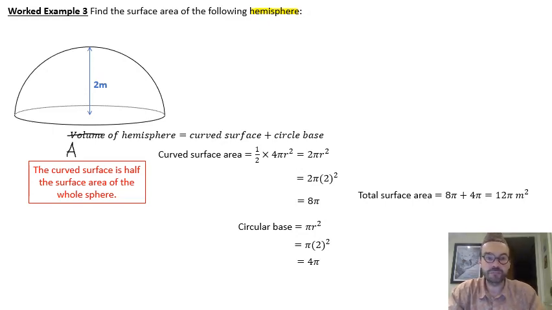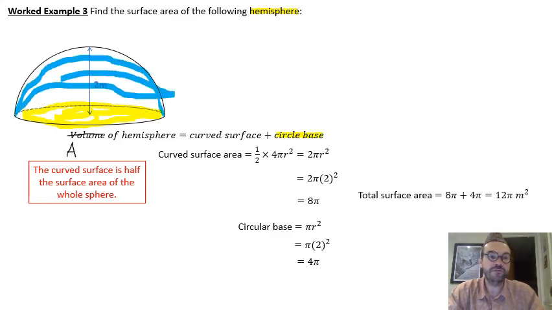The area is going to be the combination of the same as for the cone. It's going to be the base. If it's a solid hemisphere, you'll have a circular base. And then it has all the rest of it, the curved surface, which will be half of the sphere's area.